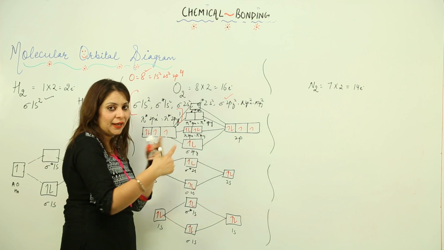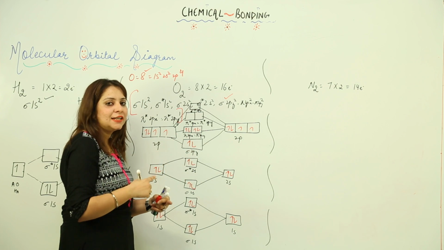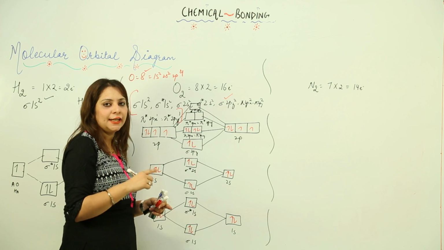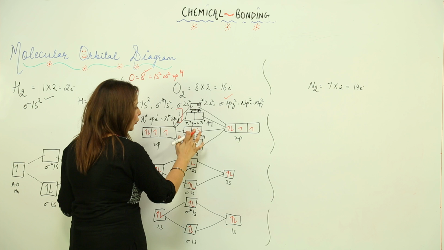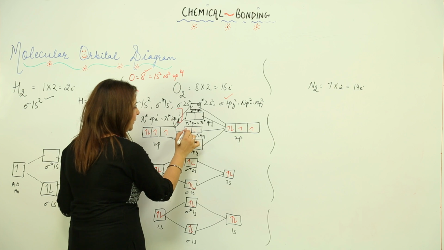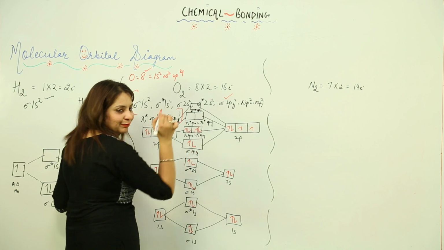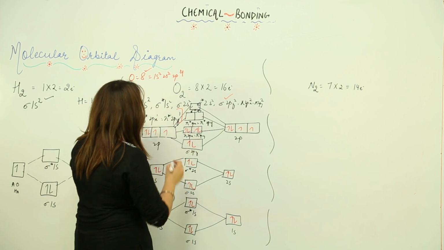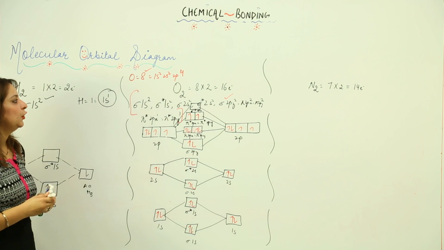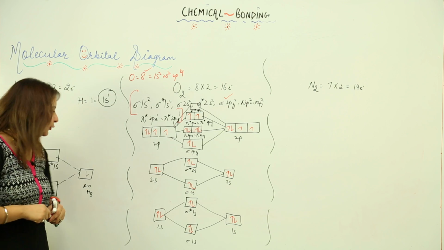I am doing it in a way that pairing takes place only after each orbital with similar energy is singly filled. So since it has 4, that is why I did not write like this. You also make a habit not to do like this, just make it singly filled first, then pair up. Then pi 2px has 1 and 1 electron. So this is my molecular orbital diagram for the oxygen molecule.